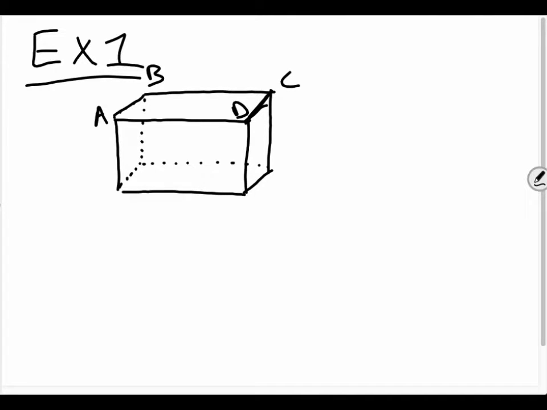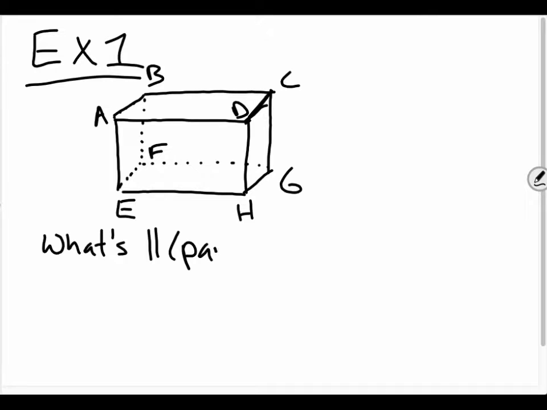D, E, and then this point here is F, and this is H, and this is G. First thing I want to know is, when I draw two lines up and down like that, that really means parallel to line segment AB.